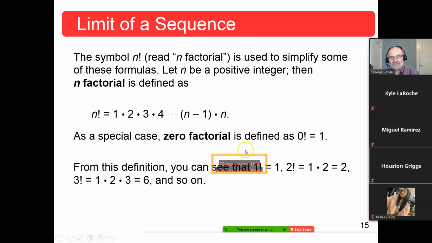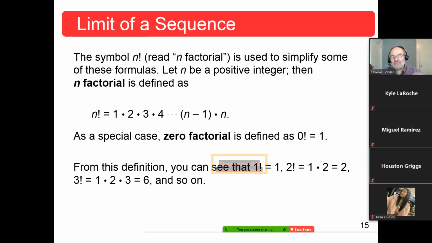So from that definition, you can see that 1 factorial is 1, 0 factorial is 1, 2 factorial is 2, 3 factorial is 2 times 3 is 6, 4 factorial is 6 times 4 is 24, 5 factorial is 24 times 5, which I think is 120 maybe. 6 factorial is 6 times that, which is 720. 7 factorial would be 7 times that, which is an enormously large number.